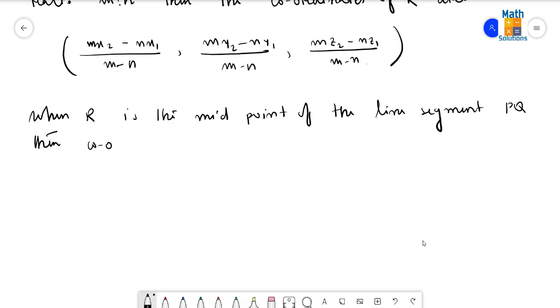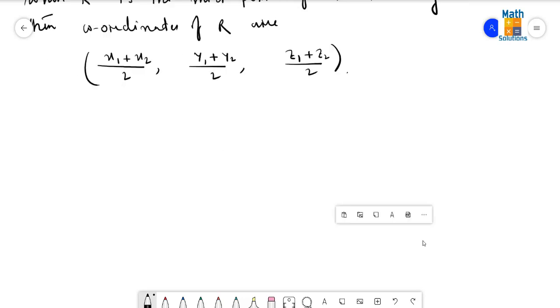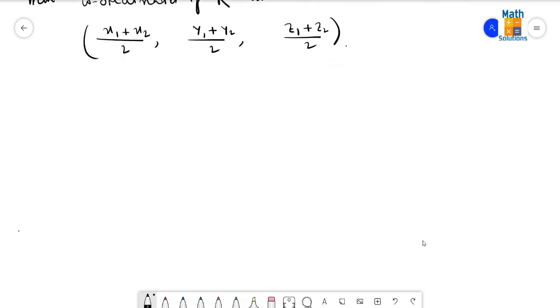Coordinates of R are (x1 + x2)/2, (y1 + y2)/2, (z1 + z2)/2. We get this result.